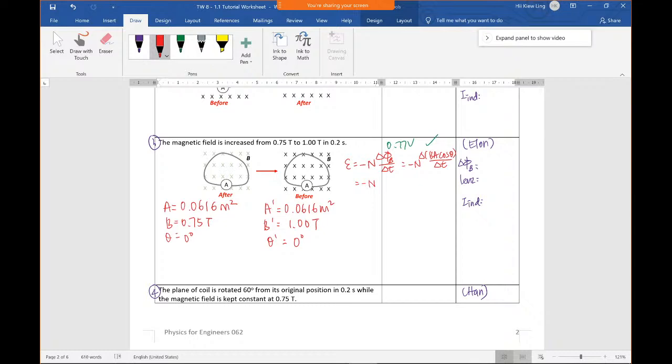Since B is the factor of change, cos theta equals 1. So move A in front, leaving delta B over delta t. Put in the values: N is 10, area 0.0616. Delta B is B prime 1 minus 0.75, over the time.